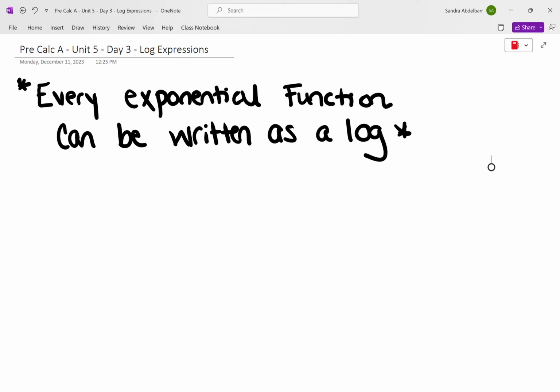So when we have a log, it's usually in the format of log and then a subscript, then a number equals something else. And basically in this, the subscript is your base.